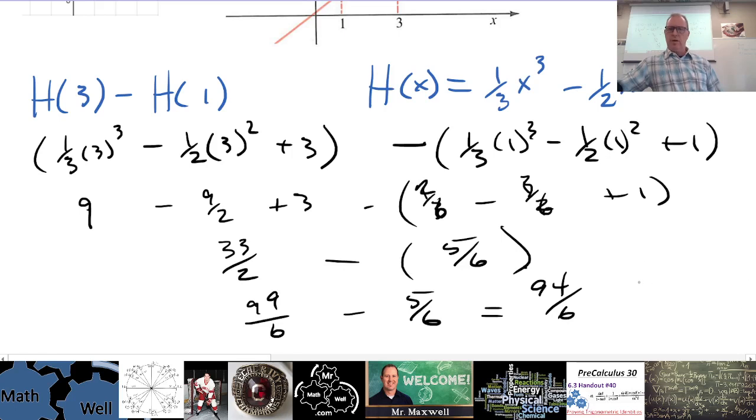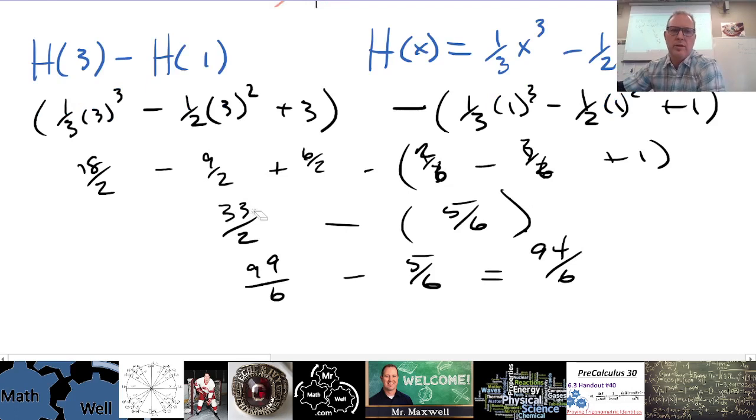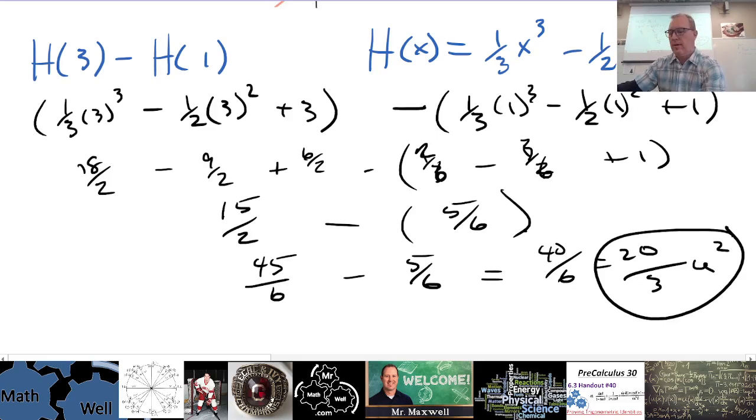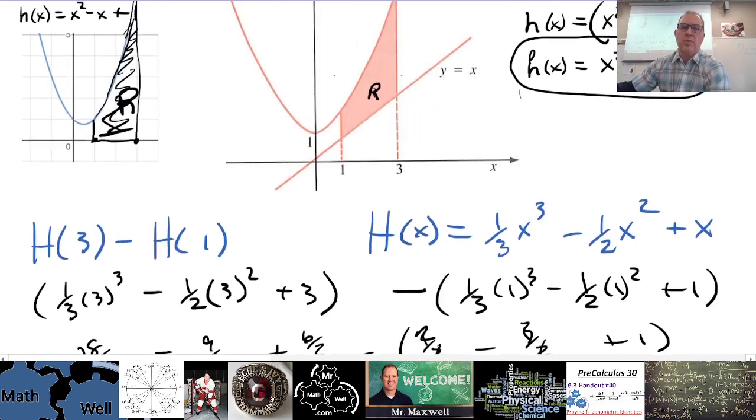What was the answer before? Let me get this right. Am I doing any of this in my head correctly? Before was 20 over 3. I get 47 over 2, but yeah, I got 20 over 3. All right, so this is 15 over 2. Yeah, good. So times 3 was 45, which is 40 over 6 or 20 over 3. Good. Okay, we got that figured out. And that's units squared. So it does match up with what we did before.